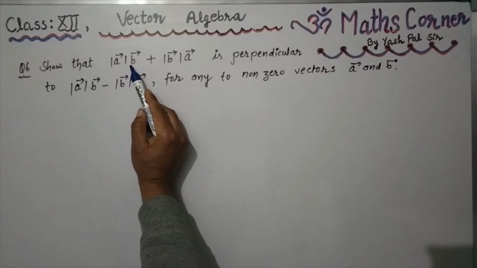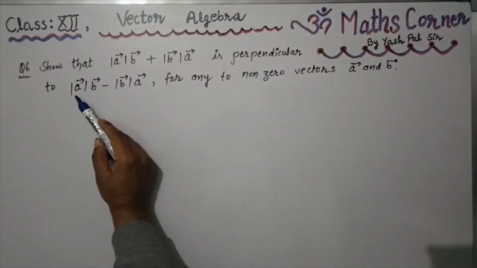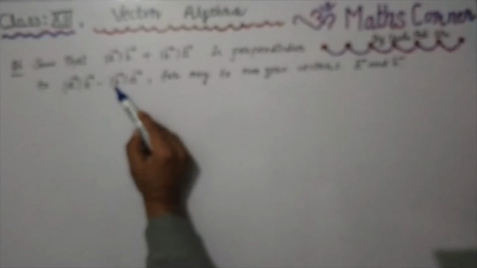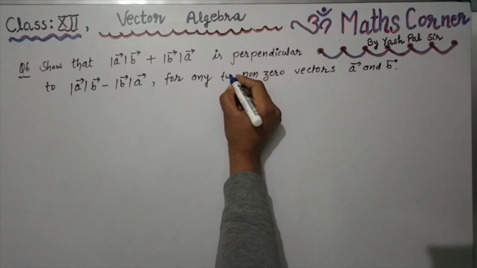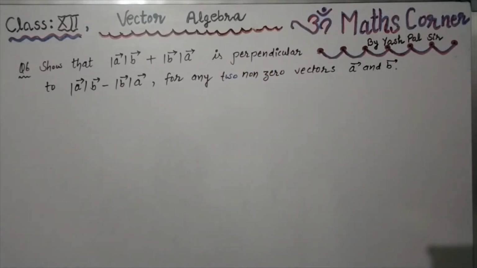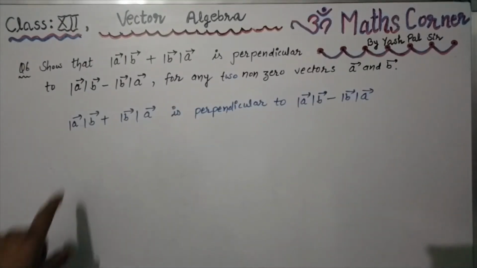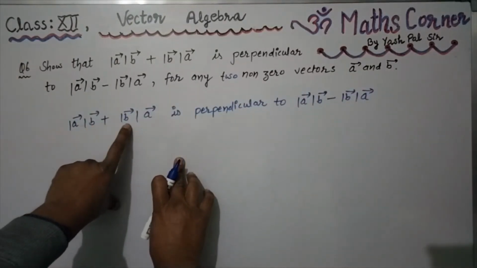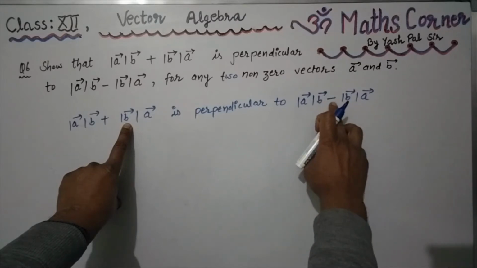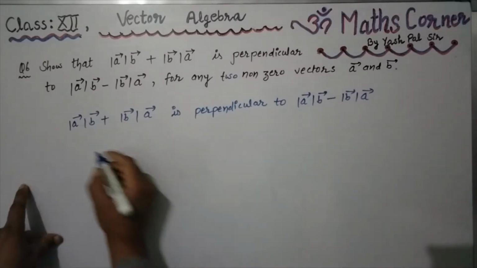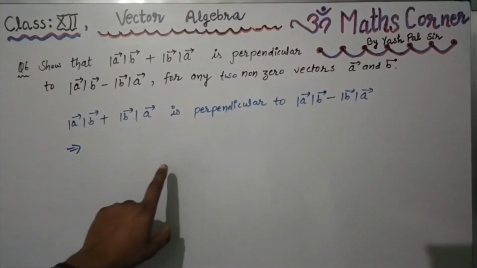Question number 6. Show that magnitude of vector A into B plus magnitude of vector B into A is perpendicular to magnitude of vector A into vector B minus magnitude of vector B into A, for any two non-zero vectors, vector A and vector B. So first of all, this vector is perpendicular to this vector, which implies that the dot product of these two vectors is equal to 0.